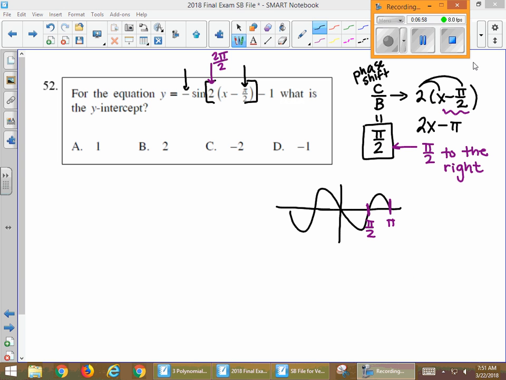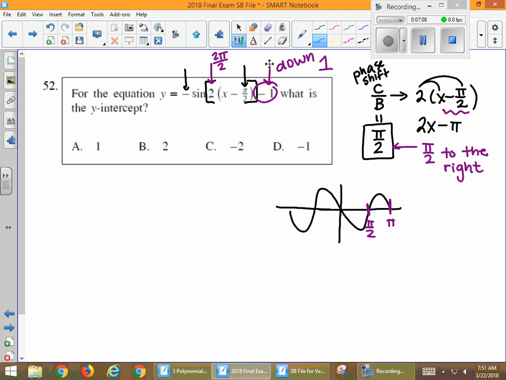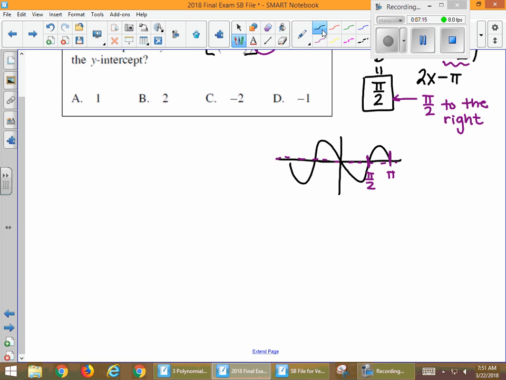But before we do that, we have to go back and check our last transformation that I almost missed, which is this minus 1. That's a down 1. So instead of all of this happening centered around the x-axis, this whole thing is happening moved down 1 unit.